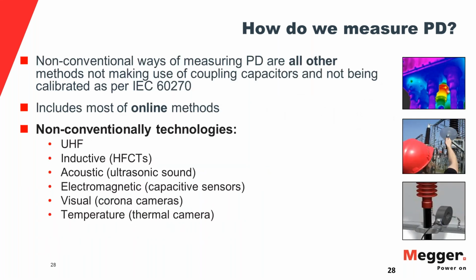And the opposite, obviously, is anything that is not conventional, which is anything that has to do with transient earth voltages, high frequency CTs, ultrasonic sound, capacitive sensors, corona cameras, temperature-related issues with thermal cameras. All of that is non-conventional, and most online methods are per definition also non-conventional because they are monitoring methods.